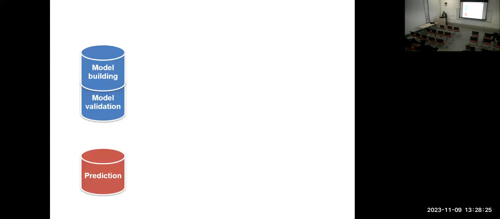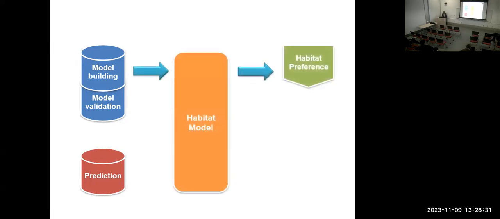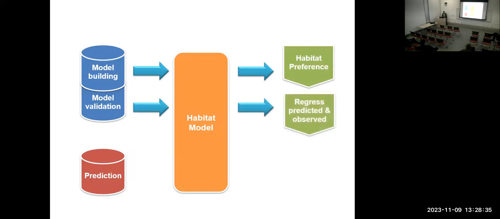What we do here is use the data to create habitat models, identify habitat models, and then validate them. We set aside some of the data for model training and some for model validation.